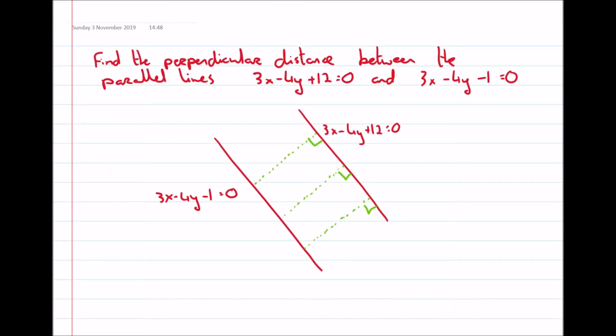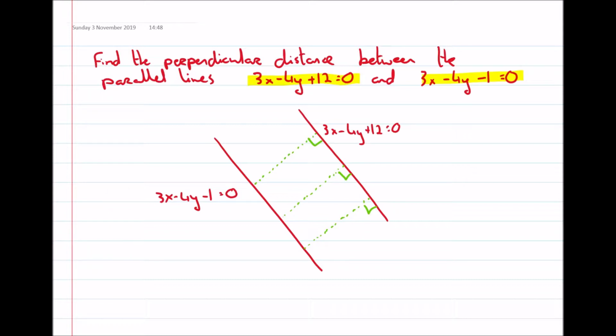Okay, next question. It says find the perpendicular distance between the parallel lines 3x minus 4y plus 12 and 3x minus 4y minus 1. I've drawn the two lines there, and we're looking for the perpendicular distance between the two lines.